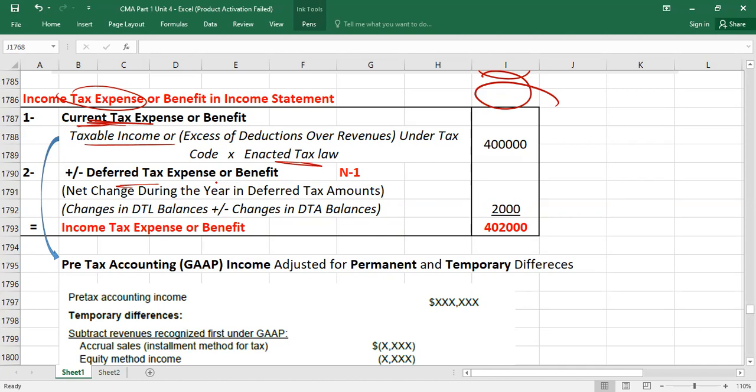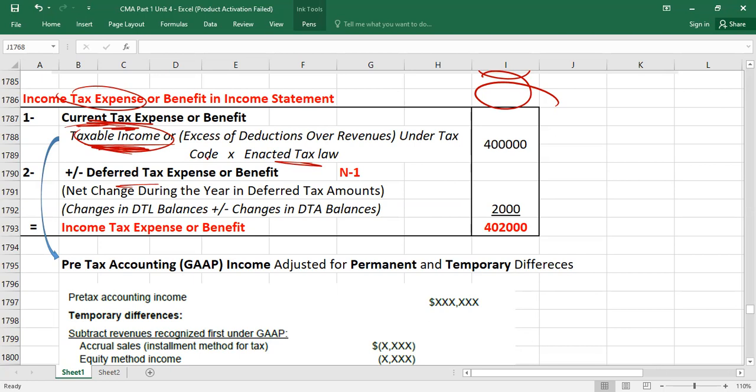Understood? Is that clear? Okay, and I told you this story because now we are moving to the conceptual side. When you calculate current year tax expense, you always need what? Taxable income. Is this taxable income the accounting income, or is it adjusted as per tax law? It is adjusted as per tax law.